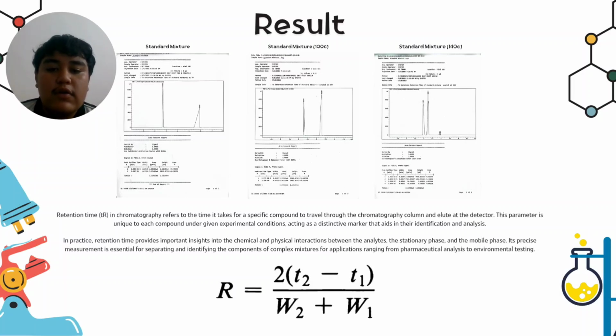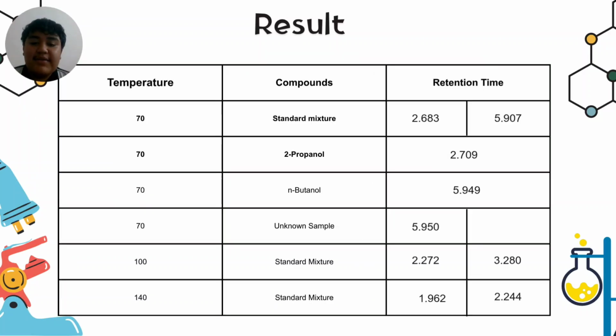This is because when we increase the heat, the mixture becomes more volatile as it approaches its boiling point. So it makes the retention time shorter and also makes the resolution decrease. And this is the data that we get from the graph.